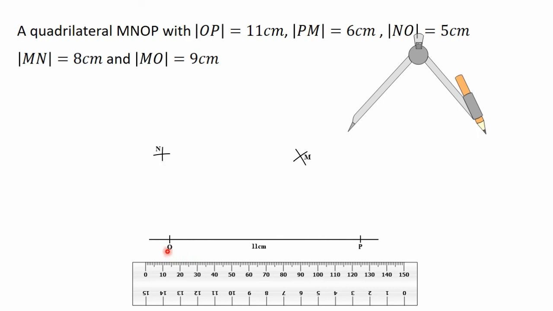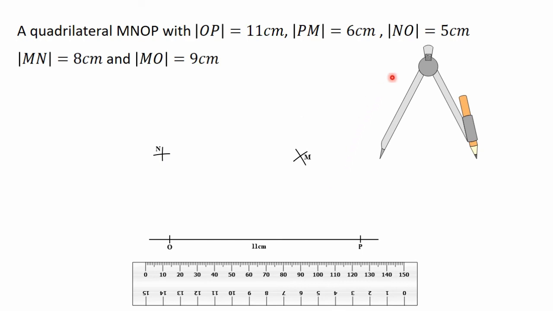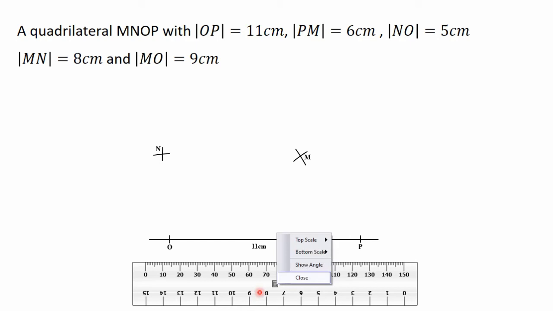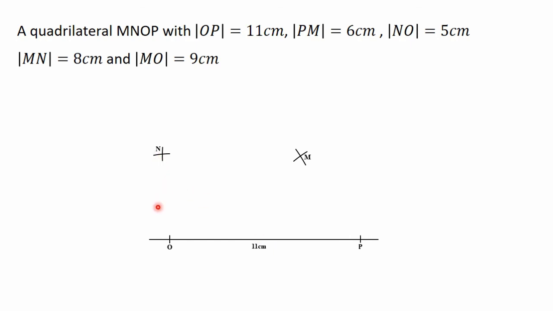Now we have point O here, point P here, point M here, and point N here. I'm going to take both the compass and the ruler off so that you can see them clearly. To get the side NO, we will join point N to point O. To get the side PM, we will join point P to point M. And finally, to get the side MN, we will join point M to point N. We now have the quadrilateral MNOP.